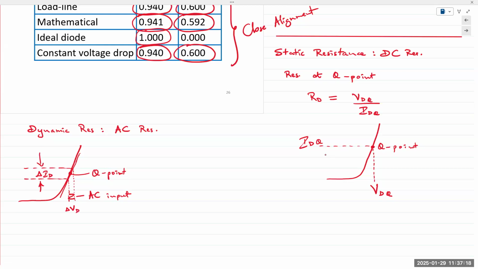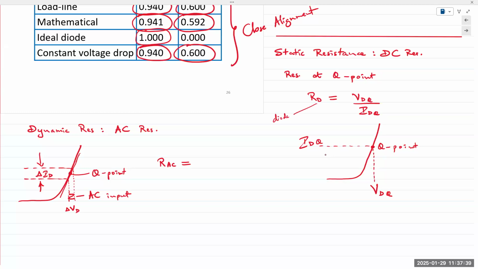And so then the AC resistance of the diode, this subscript D is for diode, not for DC.